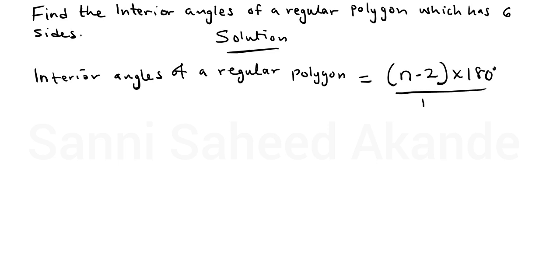Okay, so this n is the number of sides of that particular regular polygon. Understood? So just take note of this formula. Now let's continue.